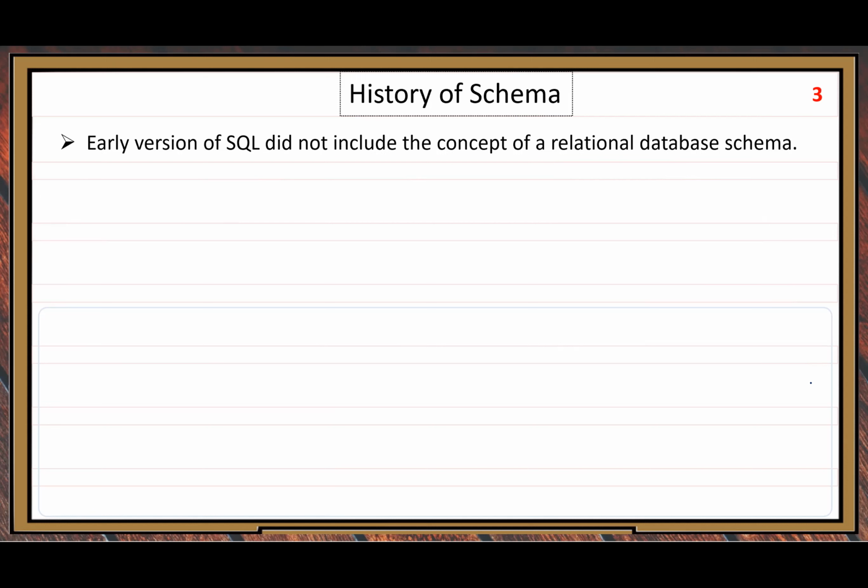When the project started decades ago, researchers didn't understand the business world well, or the project did not describe the business world well. So when they started, they used the simplest structure.